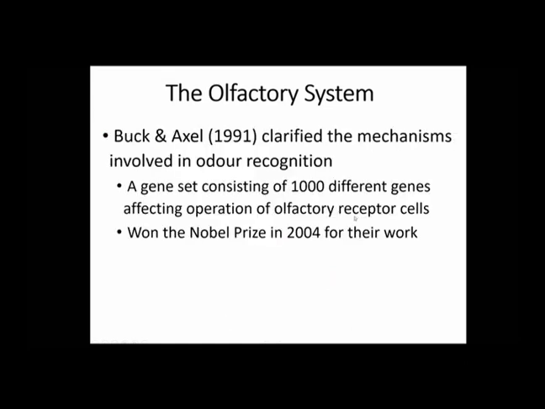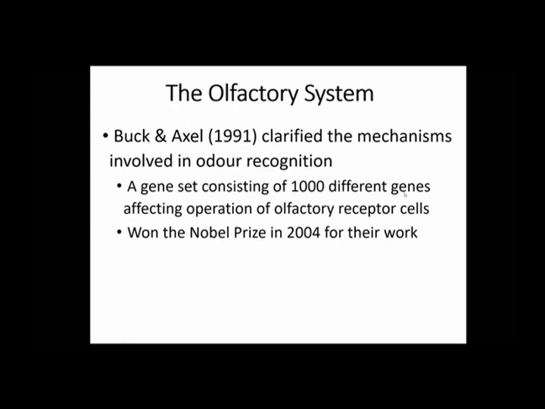And so our understanding of smell is actually fairly recent. Back in the 90s, that's when there was the first publication clarifying how we recognize smells. So we have gene sets consisting of 1,000 different genes affecting all of our olfactory receptor cells.